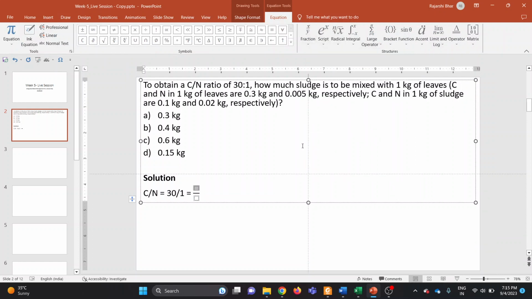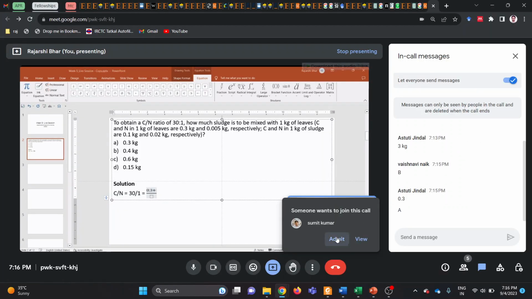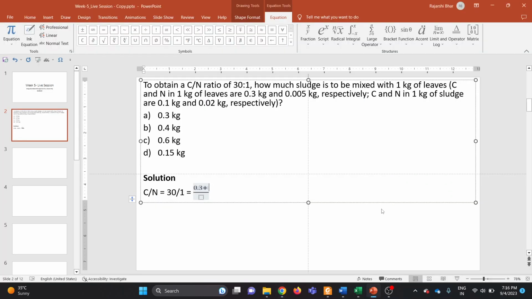So first carbon. So 1 kg of leaves, it is already present. So how much carbon will be there in 1 kg of leaf? That is 0.3 kg. Okay. Plus, let's say you don't know how much sludge is required. So let's say the amount of sludge that is to be added is X. So if there is an X amount of sludge, then how much carbon will it have?